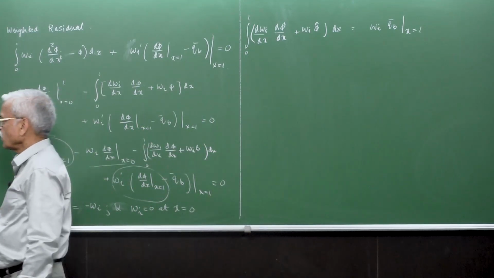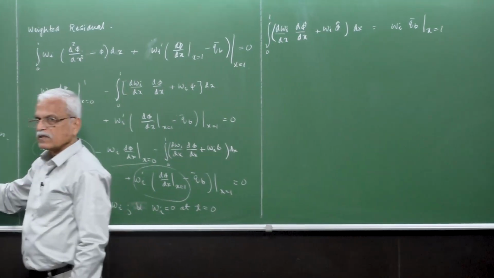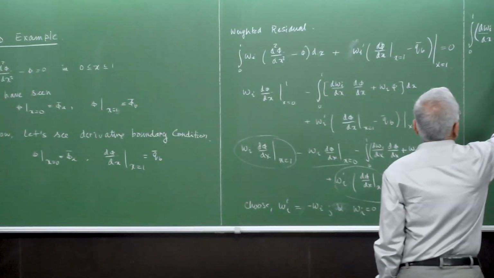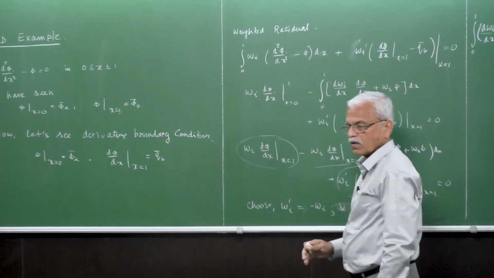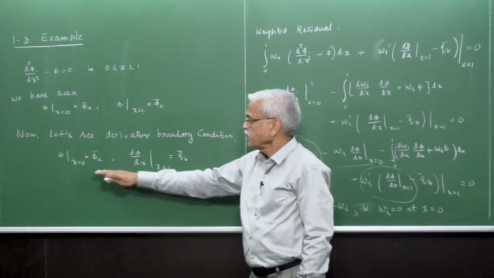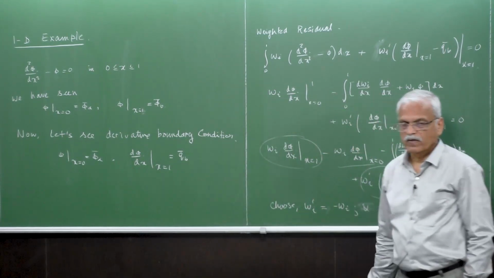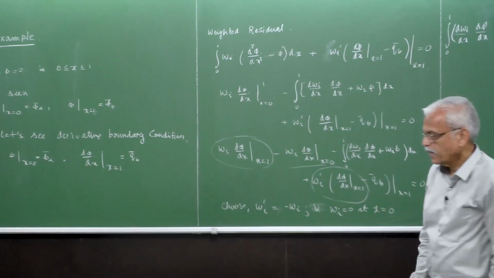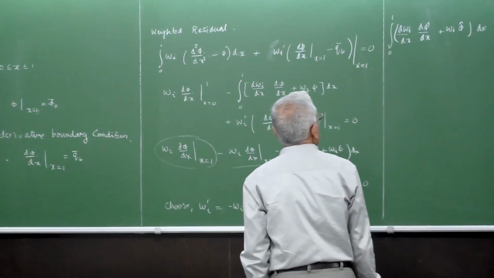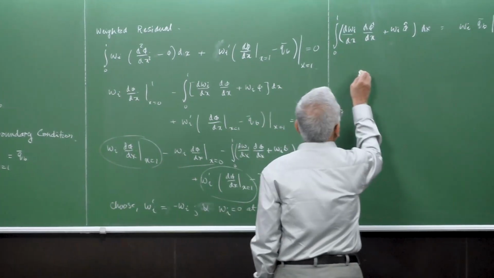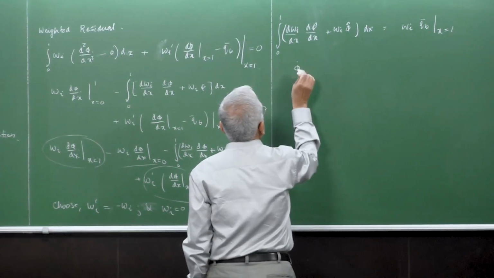Now just to recall, this derivative boundary condition has been taken into the weak form, and this still remains that phi at x equal to 0 should be phi a. That has to be satisfied by phi hat.